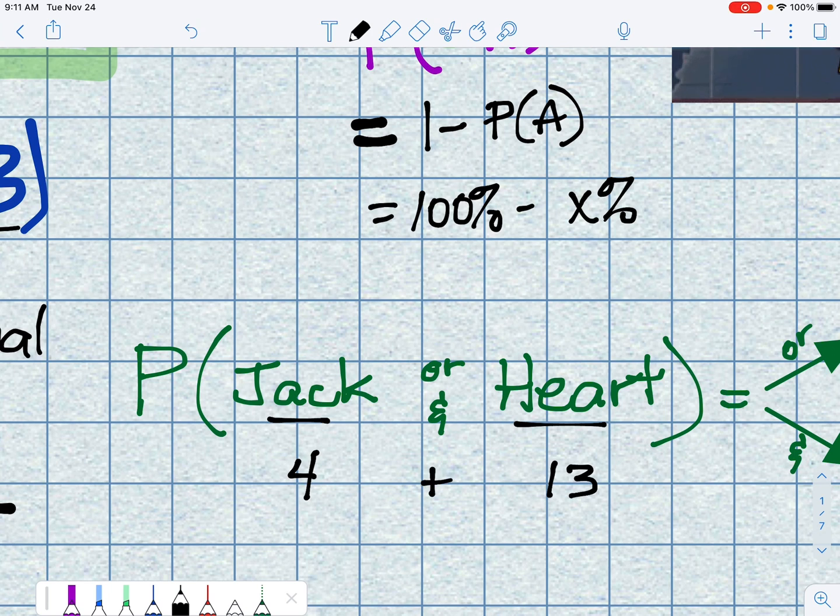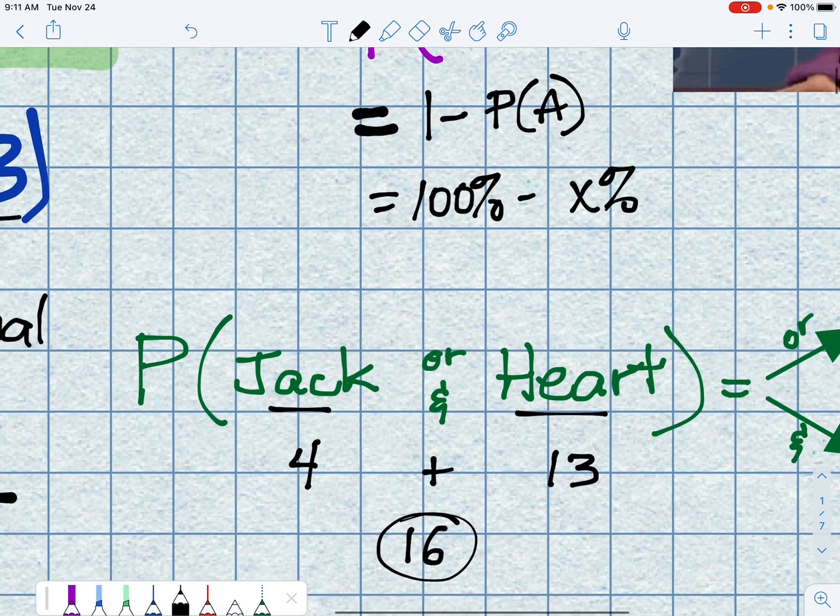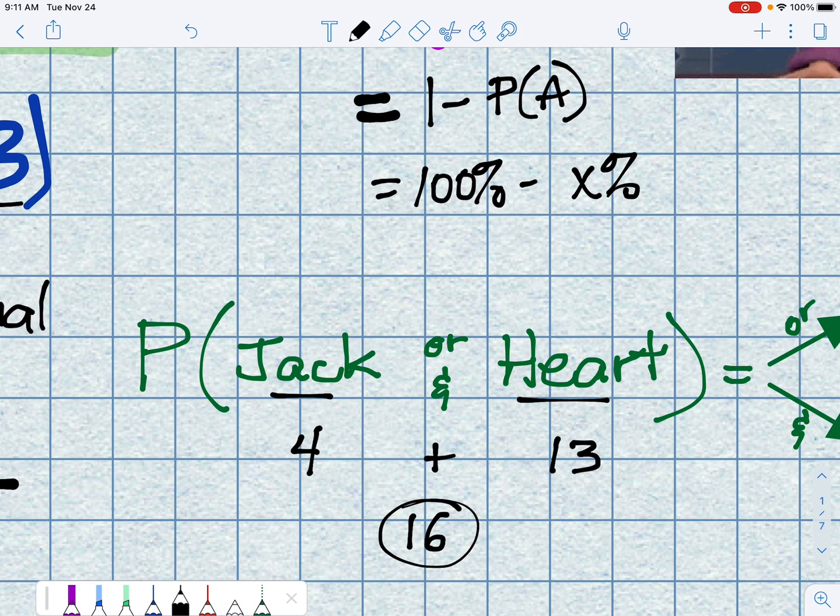So I can't just add 4 and 13 because I would be double counting the jack of hearts. So in this case, it would be not 17, but 16 because I have to subtract 1. All right, 16 out of, in this case, 52. Okay, and that would be or.